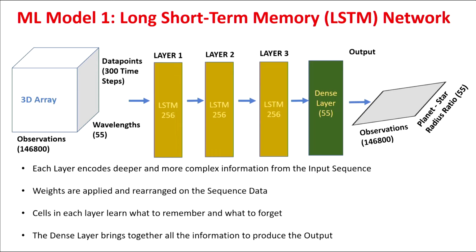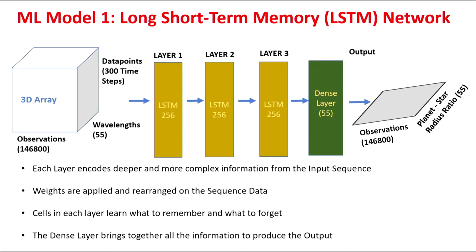So I made two different models. The first model would only look at the dips in light in the 55 different wavelengths for the planet. So this is kind of like a baseline model that I created when I used the whole data set. So this would pass the three-dimensional array through 3 LSTM layers. So again, encoding different and more complex levels of patterns inside the data.